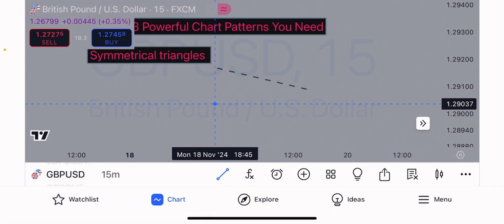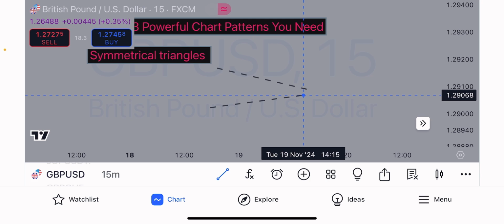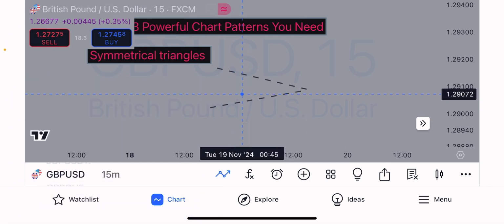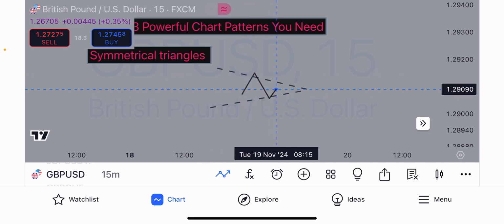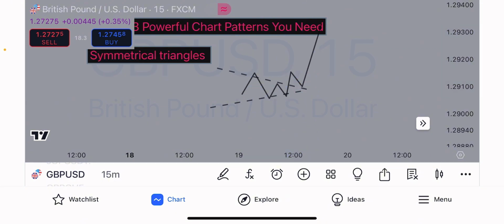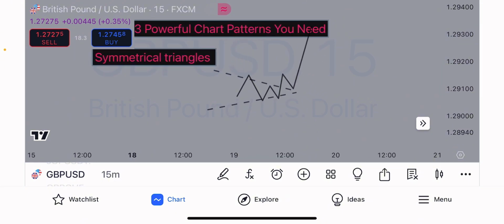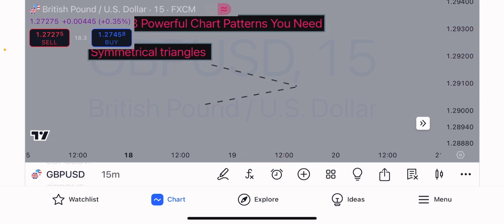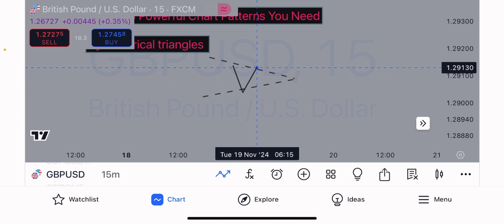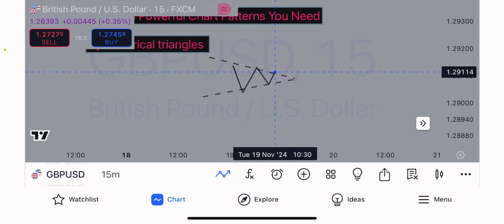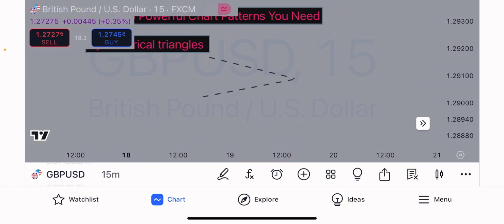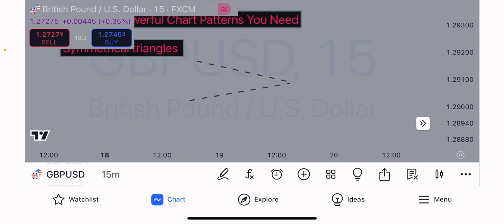You have another point from this direction, and whichever part the market breaks out from, you trade in that direction. This is how the symmetrical triangle works. If it breaks out from the downside, you trade in the direction of the downside. So this is how a symmetrical triangle works.